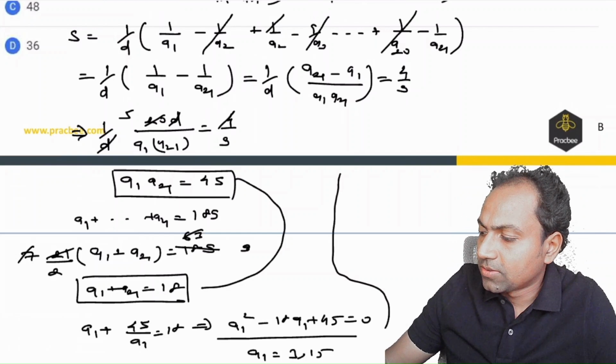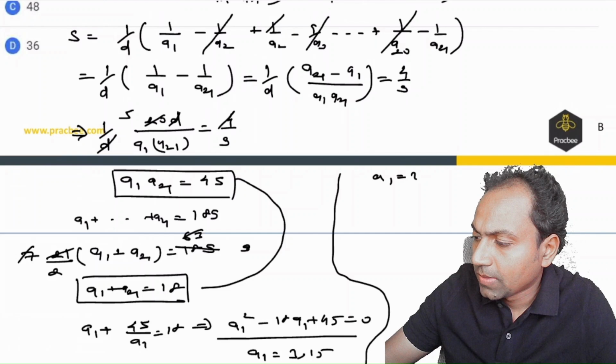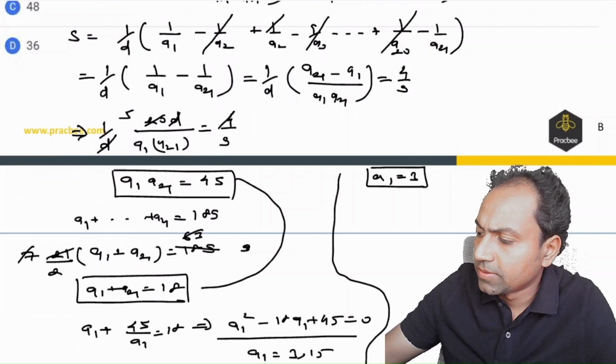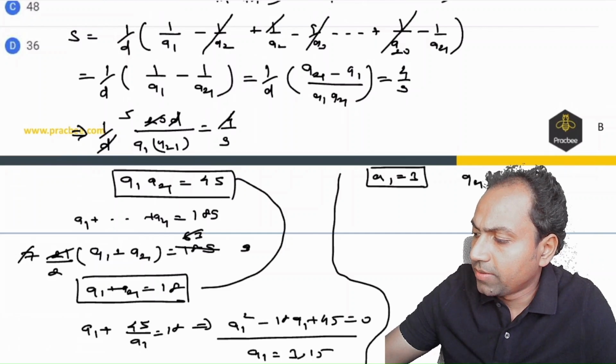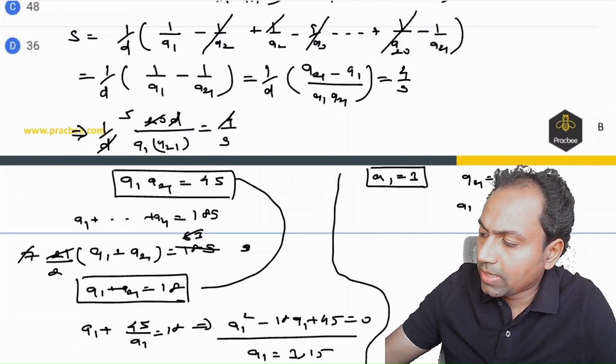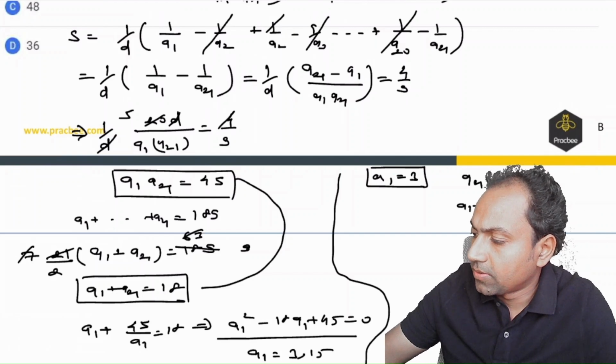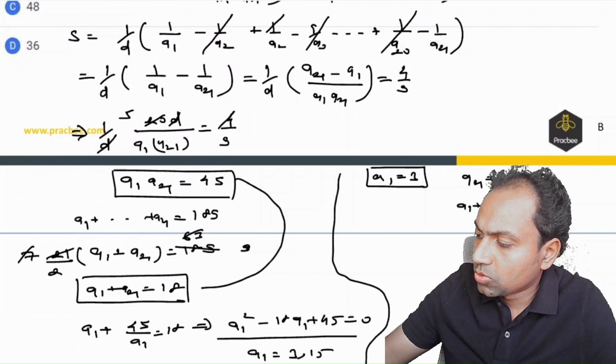Now, after getting this, the next part is to find the value of d. See, the first term is known now. Let us say that it is 3 in the first case. If I consider a21, this will become nothing but 15. So a1 plus 20 times d will be equal to 15. So 20 times d becomes 12 since a1 was 3.